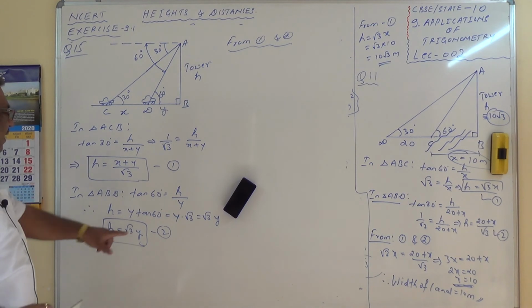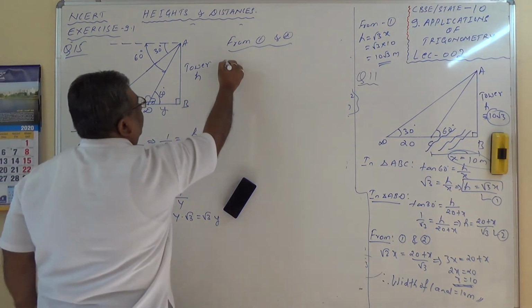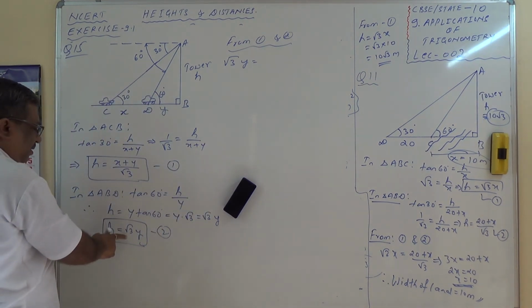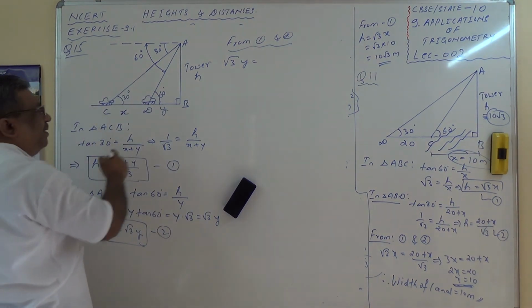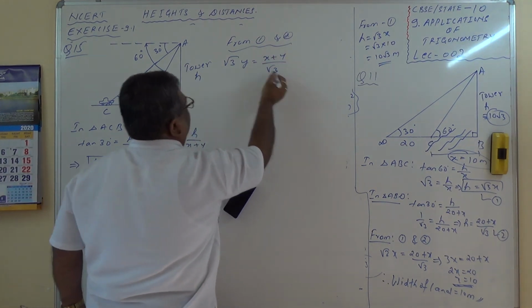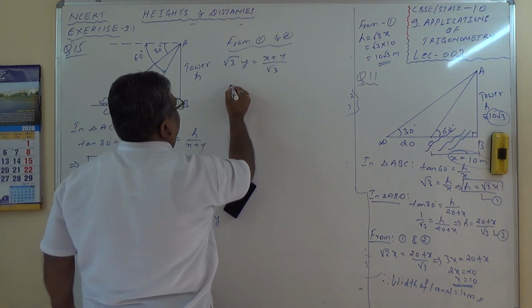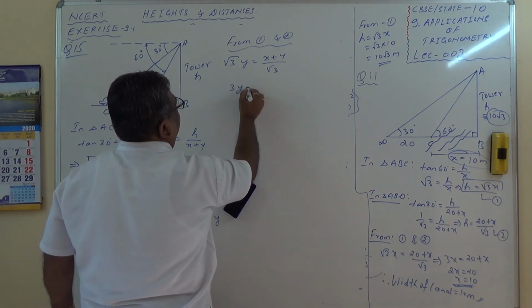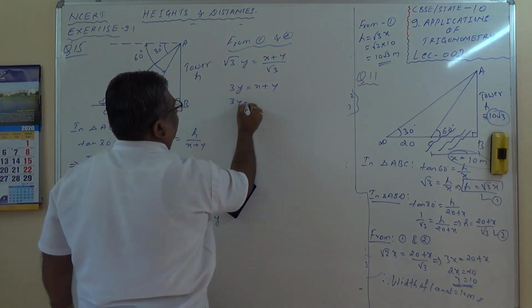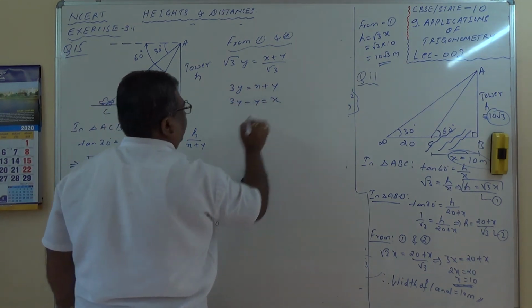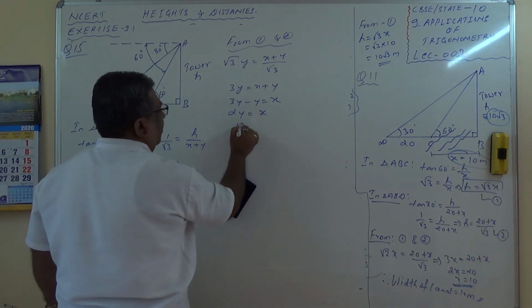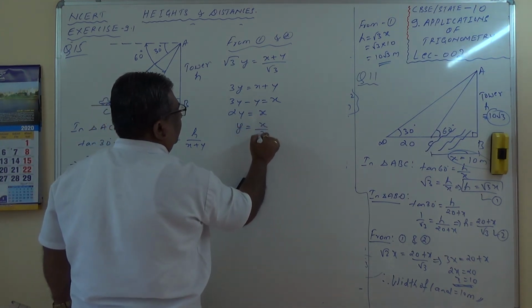Therefore, root 3 times y equals (x plus y) by root 3. So root 3 into root 3, 3y equals x plus y. So 3y minus y equals x, so 2y equals x, or y equals x by 2.